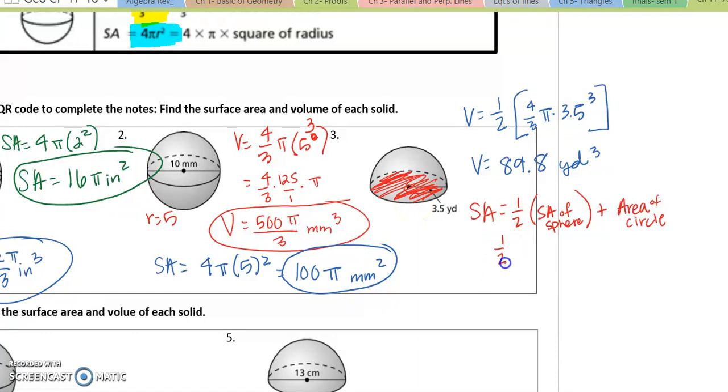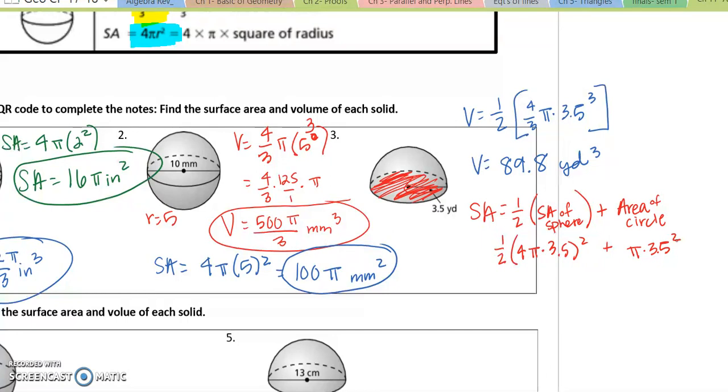So we're going to do 1/2 times the surface area of the sphere, which would be 4 pi r squared, plus the area of just that circle, which would be pi times 3.5 squared. All right, so let's add these up.